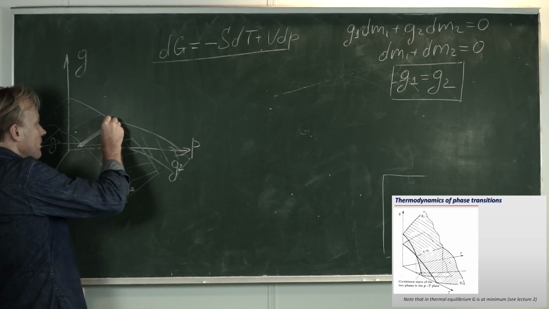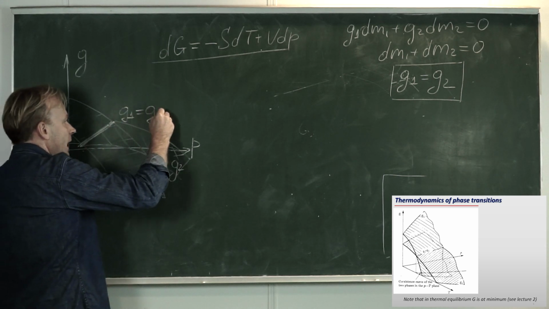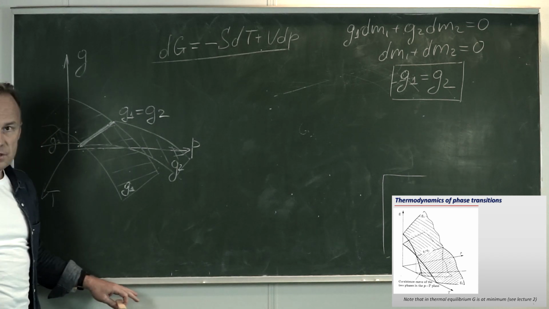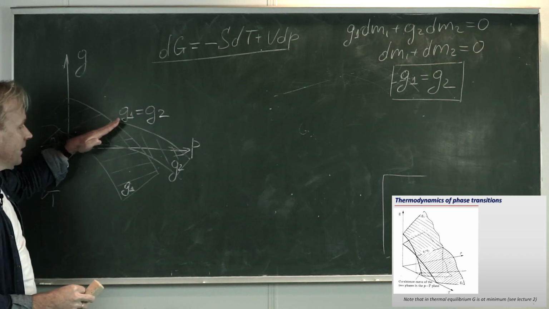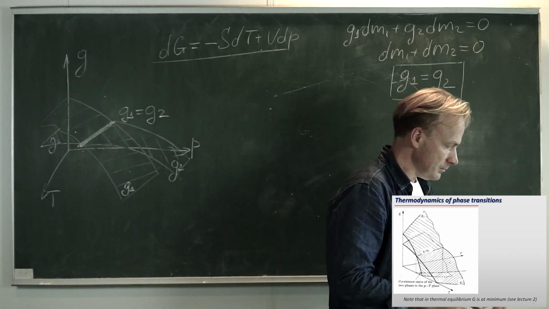Here these two surfaces will intersect, and here we will have equality of the specific Gibbs functions, and it means that at this line we will have equilibrium of phase 1 and phase 2.